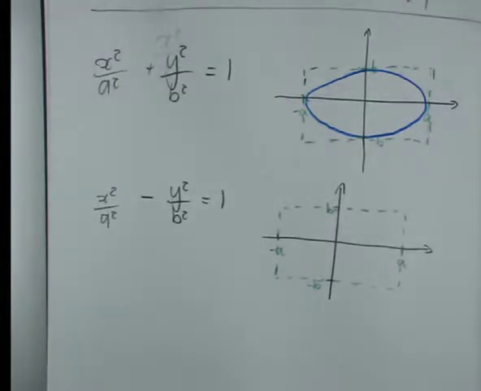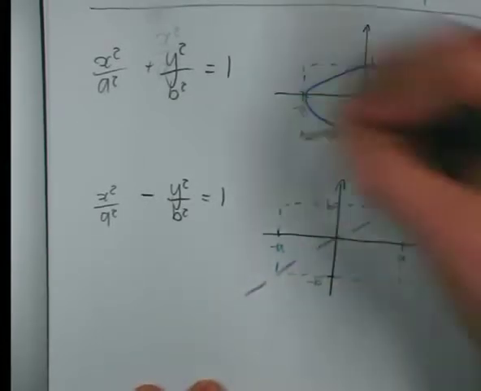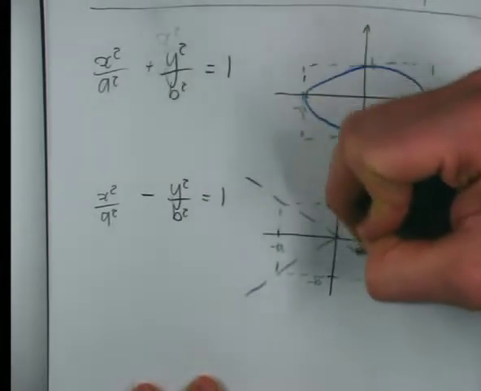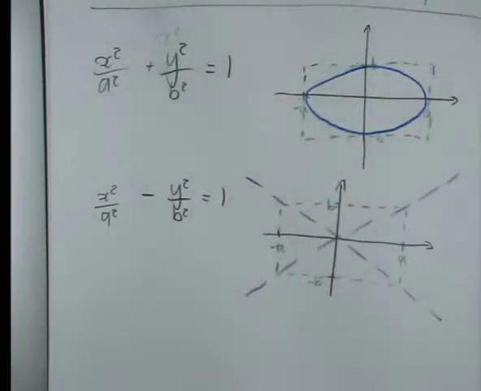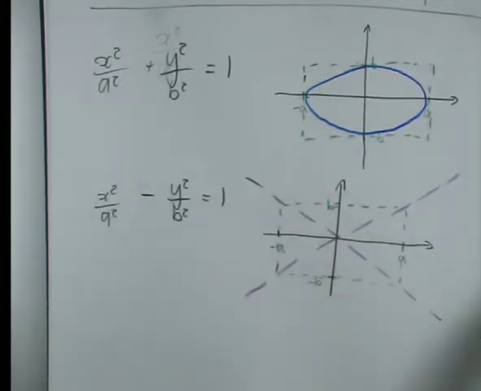They pass through the corners of the box. That's where the asymptotes are. If it was just x squared on a squared minus y squared on b squared equals 0, that would be the two lines, the diagonals of the box.